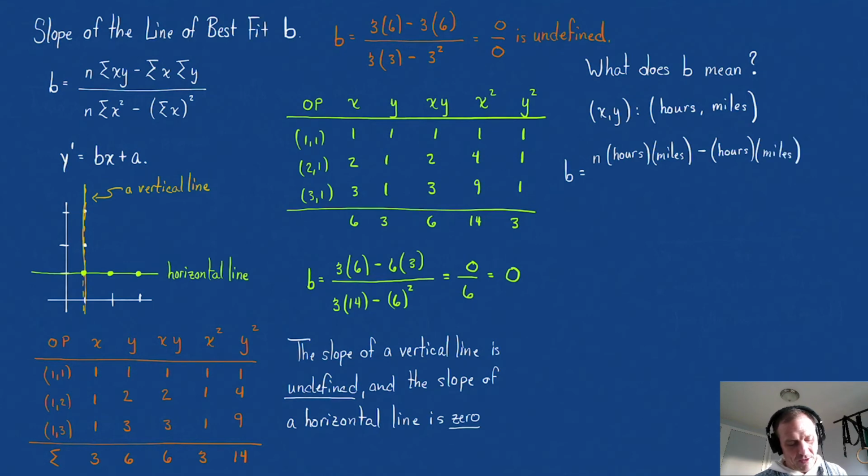And over in the denominator, what do we have? Well, we have n again. So the number of data points times the sum of the x's squared. Well, x is time, which is hours. Hours squared. Minus the sum of the x's, those are hours, and we square those.